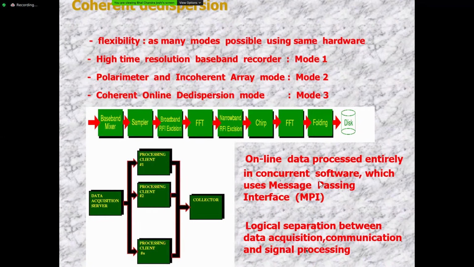Computationally you can do the filtering much better in the frequency domain, so the FFT is just to go to that domain. In principle, you could have done this entire thing in the time domain also, but this is just a computationally efficient way of doing that. So the FFT is not important there. The important thing there is the chirp function.